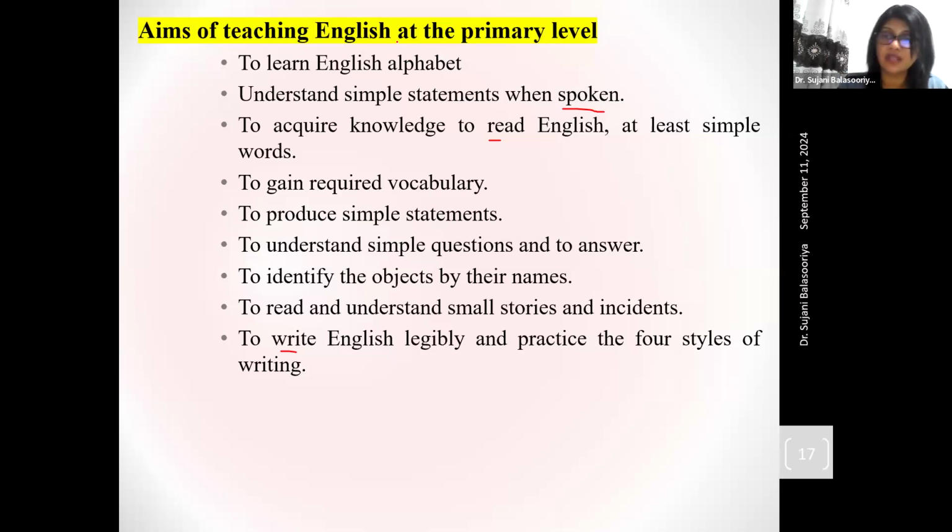Even if you are not a teacher, you may have younger ones, sisters, brothers or relatives, or teachers as relatives or friends. Talking about the primary level, do you think these aims are achieved in our schools? I'm not talking about international schools, but government schools.